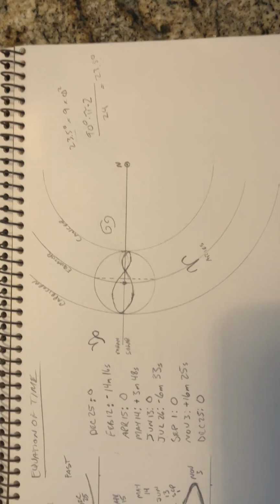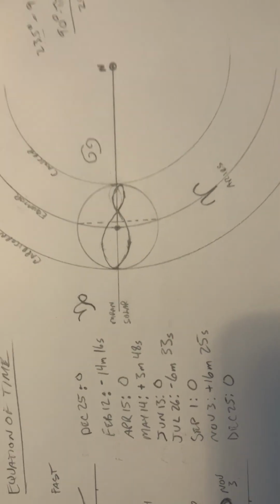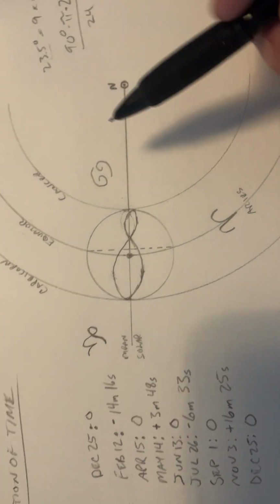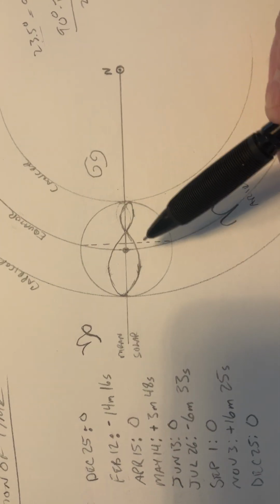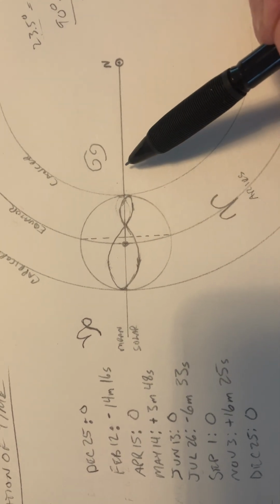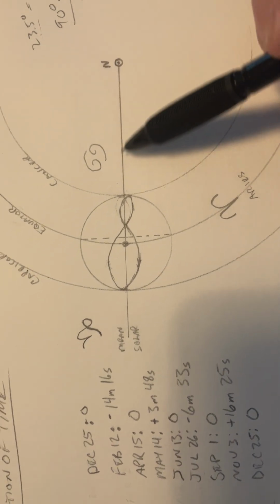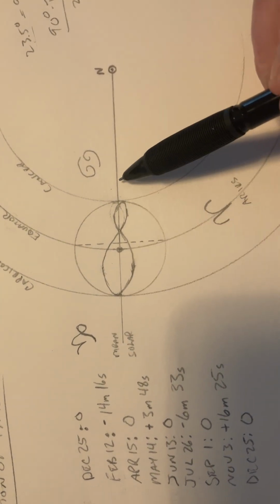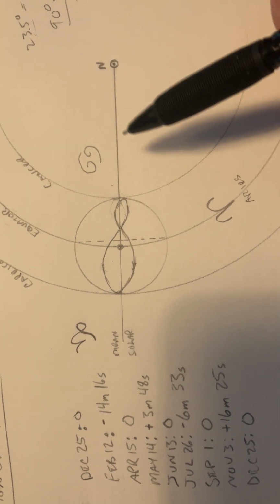To further our understanding of what's happening here, we really have to start looking at the movement. So we're going to track the sun's movement. This analemma is a snapshot of the sun at the same time every day, and we're going to make that time of day noon. So this would be our mean time, noon period, and we're just going to call that the peak position of the sun every day.